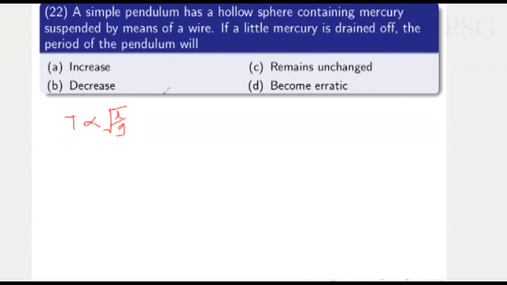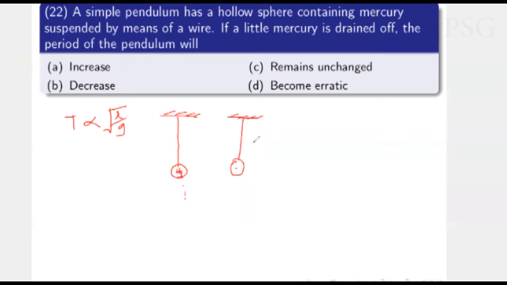It is independent of mass, but what matters is effective length of the pendulum. Now in this problem there is a hollow bob that is filled with mercury, and there is an opening at the bottom, it is drained off slowly. The mercury is coming out of this bob as it oscillates. Now what happens to the time period? Will it change or remain same?